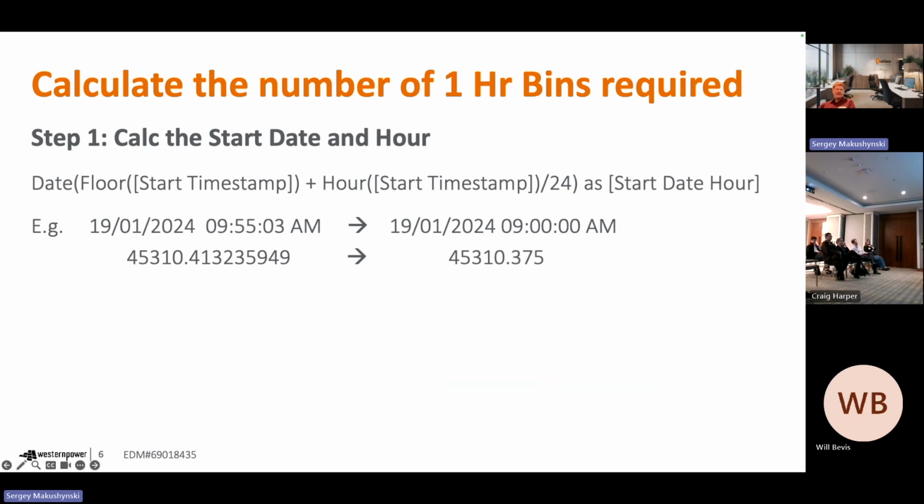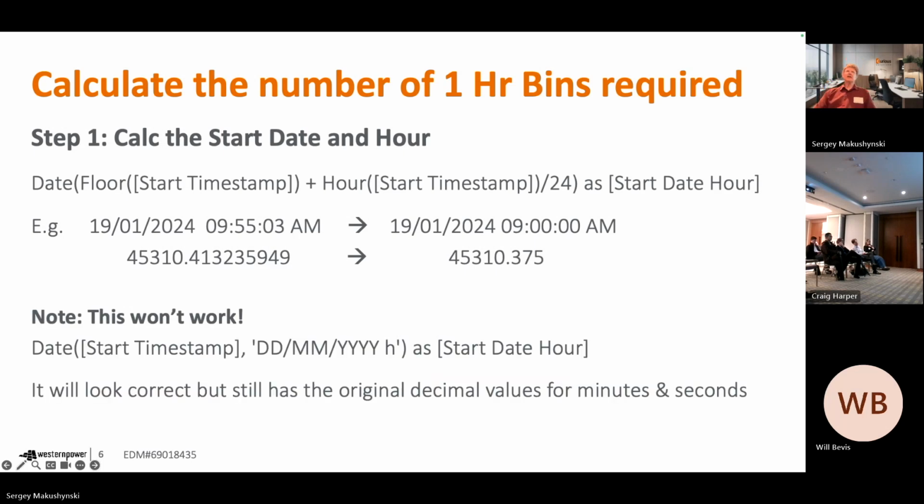So here I've got an example where I've got a date and a time. It's at 9:55:03 a.m. And in essence, I've just chucked away all of the minutes and all of the seconds. Now just note that this won't work. In Qlik, we can use the date function and give it a date format, days, months, years, and then H will give you the hours.